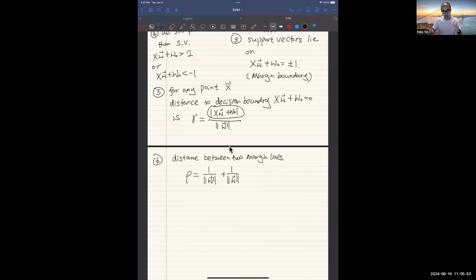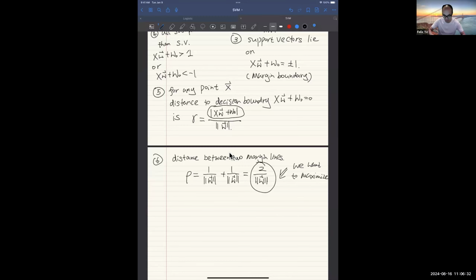This is the distance between the left margin and the decision boundary, and the right margin and the decision boundary, and both are 1 over the norm of w. So in total that would be 2 over the norm of w. So that's the margin that we want to maximize.